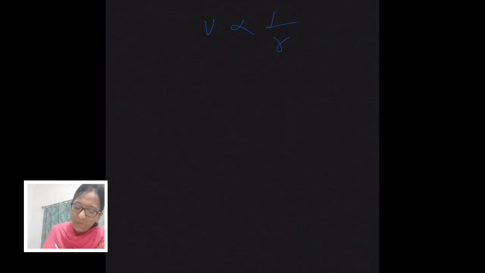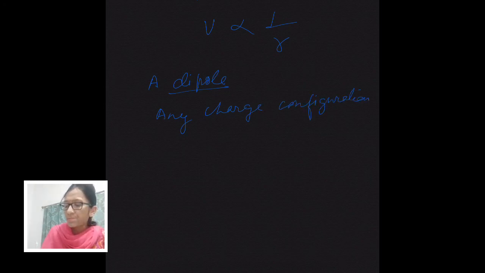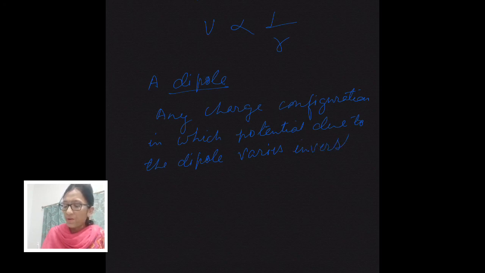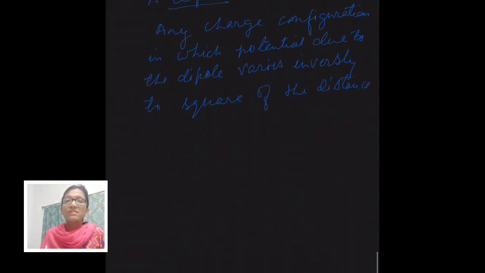Definition of a dipole: any charge configuration in which the potential varies inversely with the square of the distance, then such a charge configuration can be taken as a dipole.